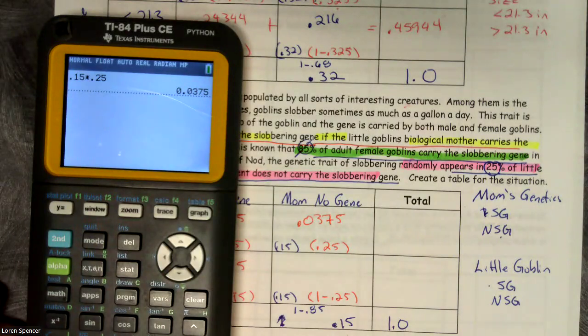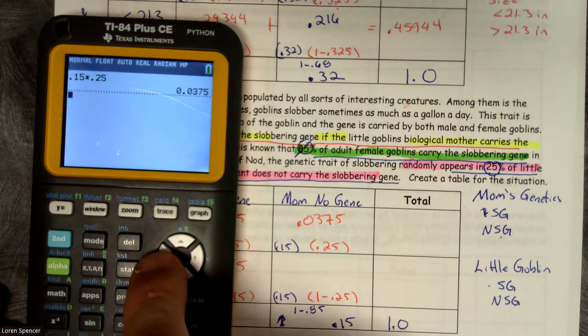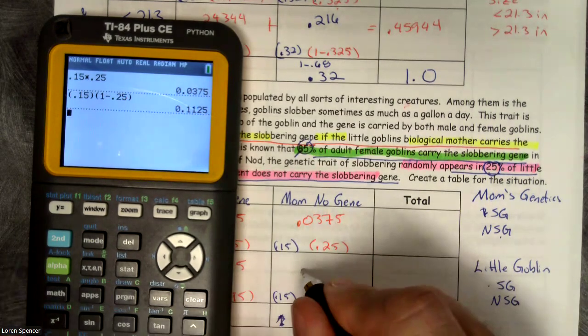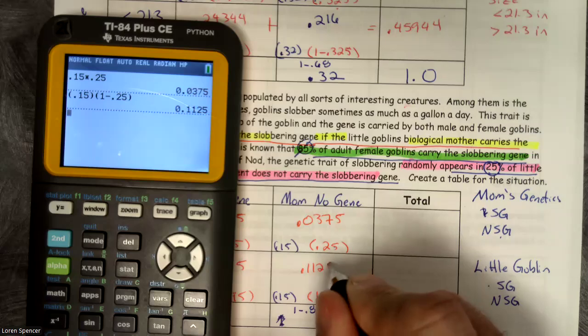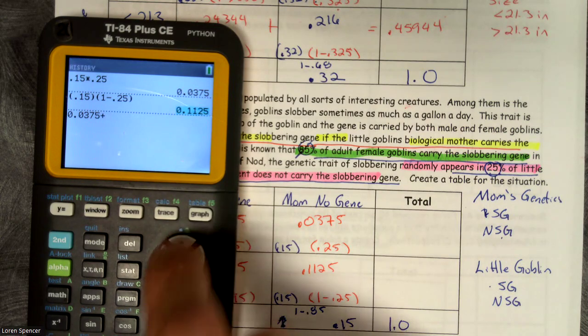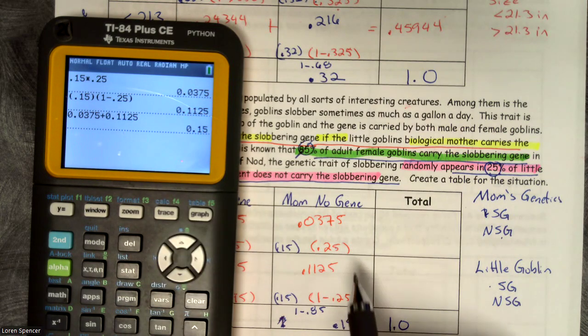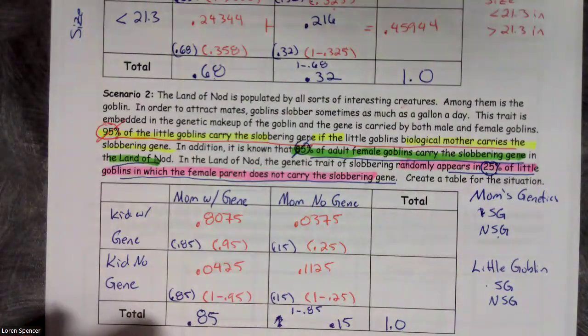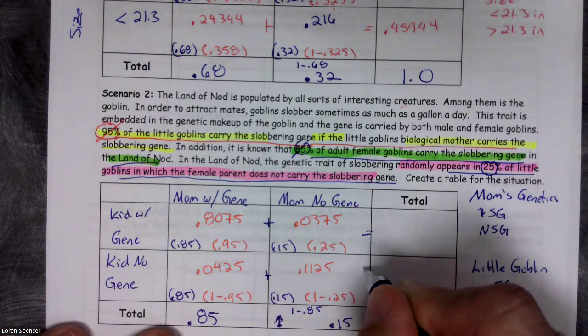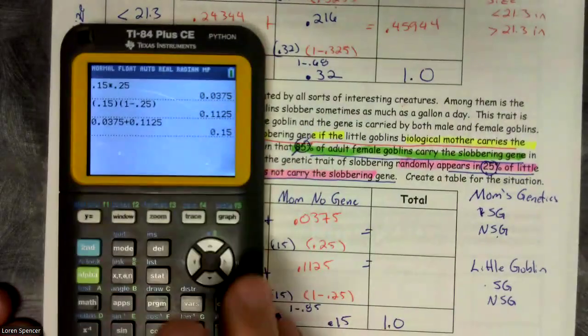And, oops, parenthesis 0.15, 1 minus 0.25 gives us 0.1125. Let's add those two values. Make sure that they add up to 0.15. They do, so that's probably good. Now, by adding straight across, we should be able to get our final column values.